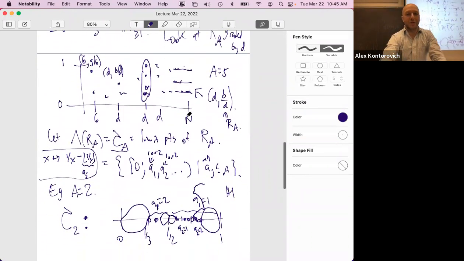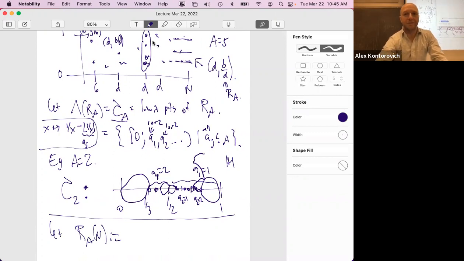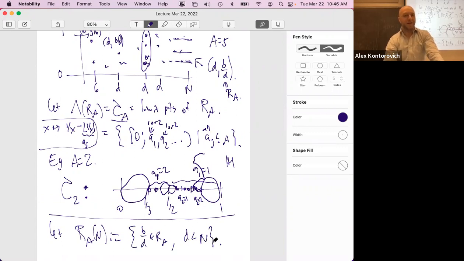So here's a basic question. How many points are in one of these pictures? Let R_A(n) be the set of these fractions B over D in R_A in lowest terms with D bounded by n, just to make this a finite set.